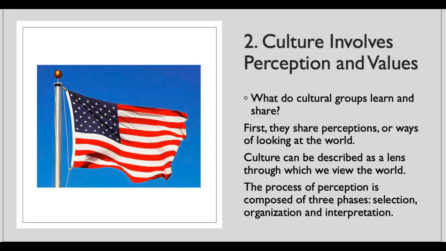But people from other cultures looking at the American flag may not have the same feeling that we feel when we look at it. So we imbue, or assign, values to objects that we think are important, and we have a specific perception in looking at that object because of our cultural values.